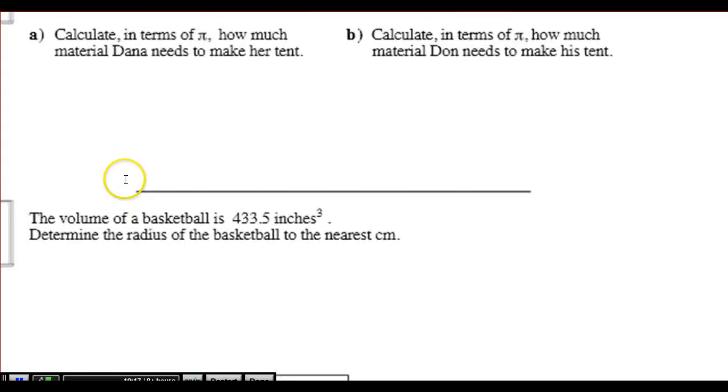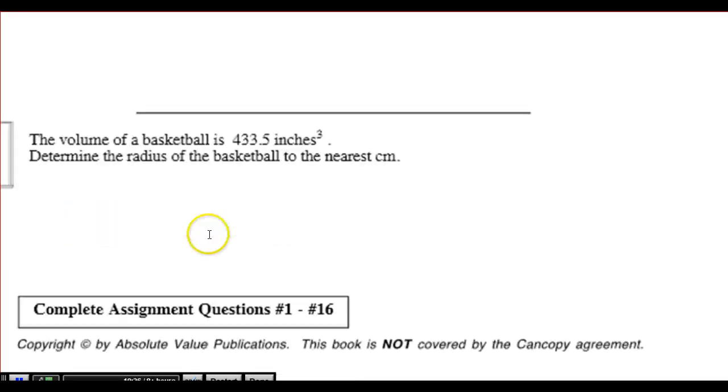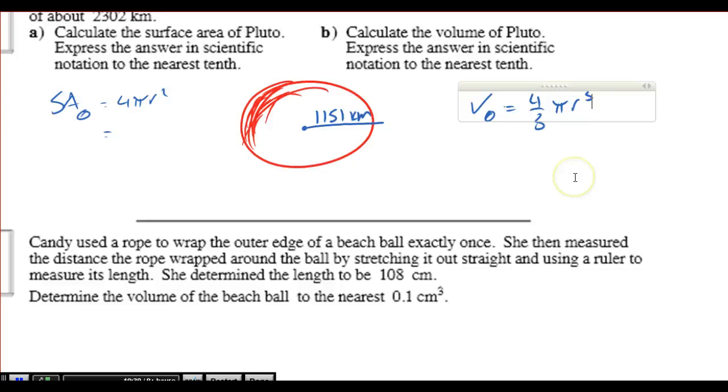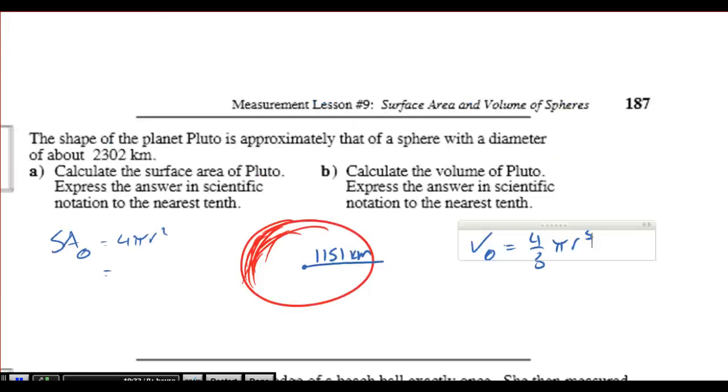All right, so again, I'm going to stop right there. Some questions might ask you to work backwards. You're given the volume and you have to get the radius, but just solve for the radius and you'll be fine. Anyway, we'll practice a lot of these in class over the next couple of days.